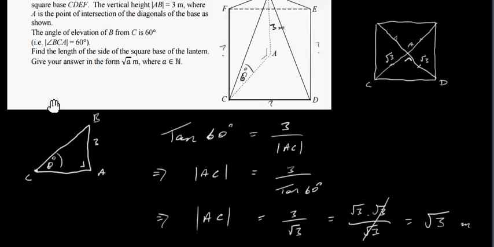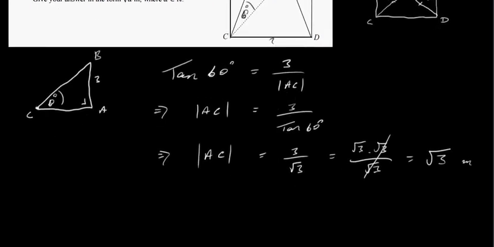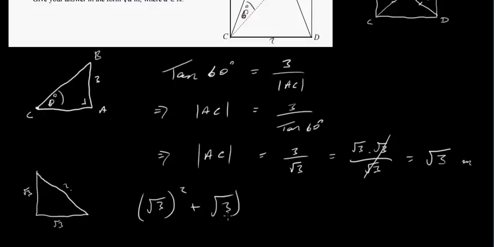So we have a right angle triangle again. I'll just draw it like this. We have root 3, we have root 3, and we've got to work out this, the side of our square base here. So let's do that. Square root of 3 squared plus square root of 3 squared will give us CD squared, this distance along here squared.